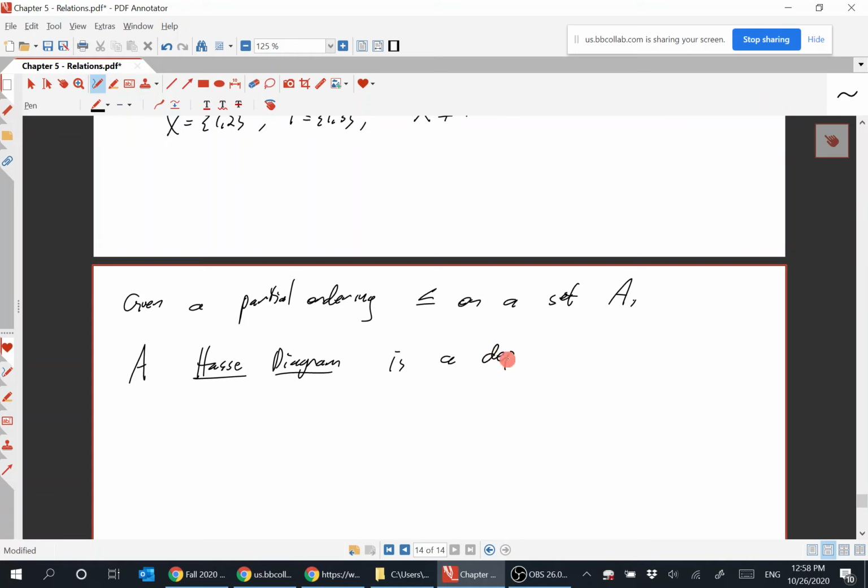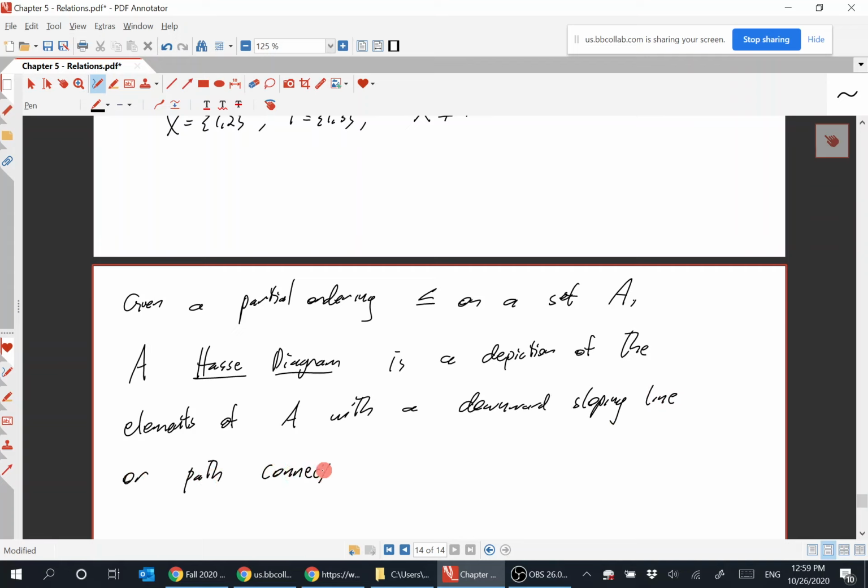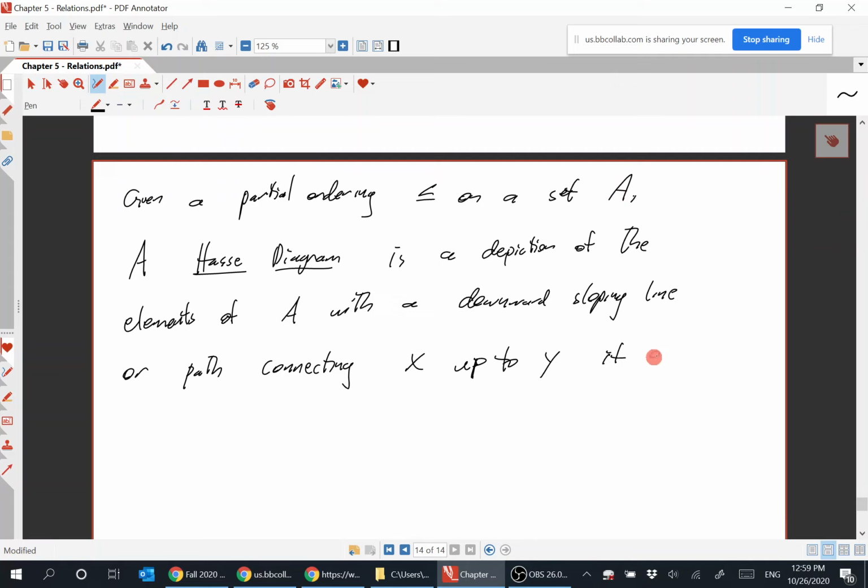So, it is a depiction of the elements of A with a downward sloping line or path connecting X down to Y, well, X up to Y, if and only if X is less than or equal to Y.